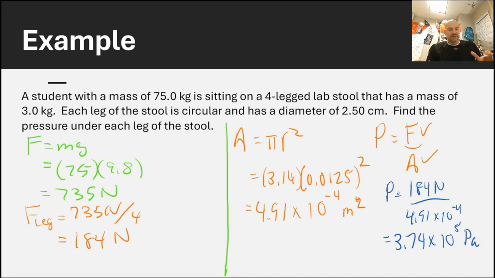So just some real world examples. This is the reason why when people wear high heels, they complain that their back hurts, because this is kind of the structure of a high heel, right? You have a larger area, but that smaller area is what's going to really affect the pressure that they're experiencing. Whereas if you wear just flats, you have a much larger area over which that force acts.